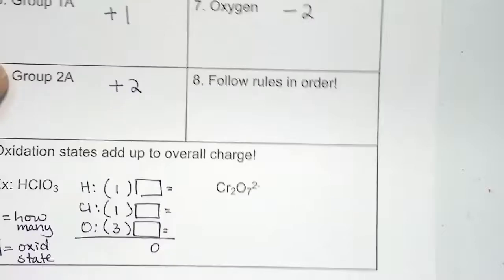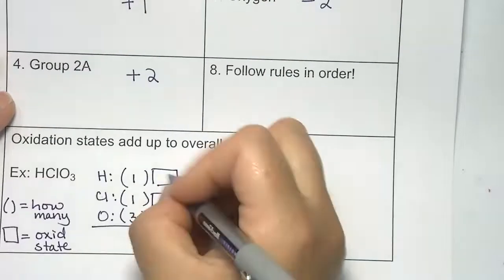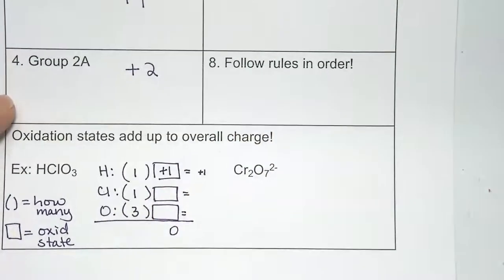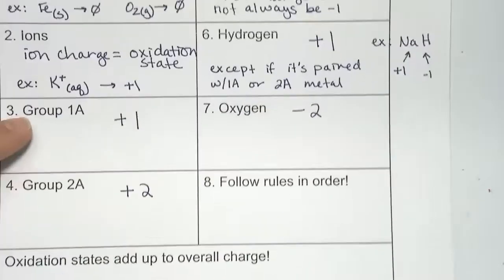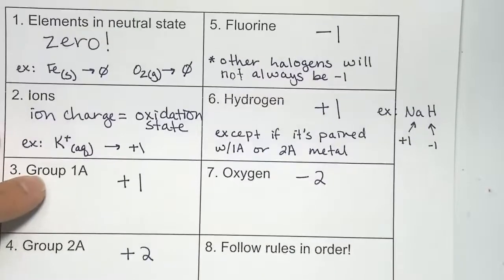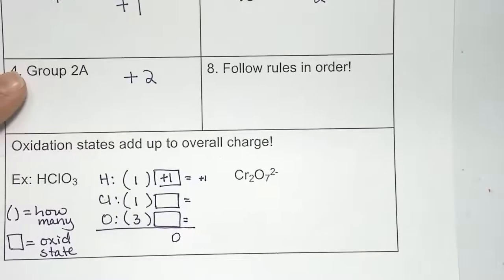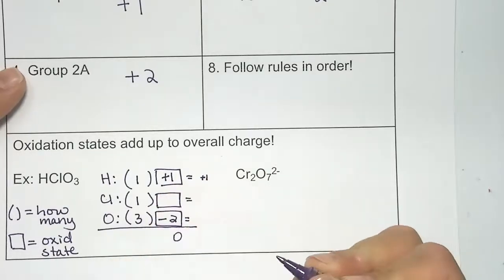Hydrogen. So what am I going to put as my charge for hydrogen? +1. Excellent. Okay, so that gives me a 1 total from each. Does oxygen have a rule or does chlorine have a rule? Oxygen has a rule, and what is that rule? -2. What is 3 times -2?